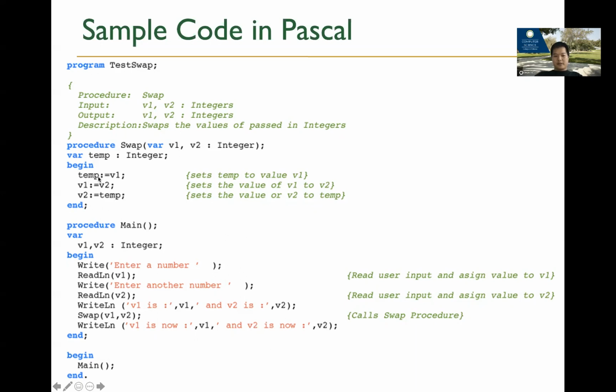One interesting thing about Pascal is that the assignment is colon equals. That's one important thing you should know about Pascal. This is probably the only language with this kind of assignment operator, colon equals. And then after that, you've got a main function, pretty easy to understand. You've got two variables here, and you've got a begin and end. That's pretty much your bracket, right?